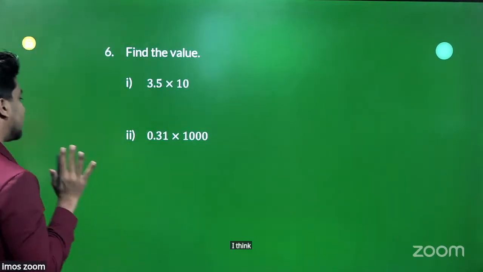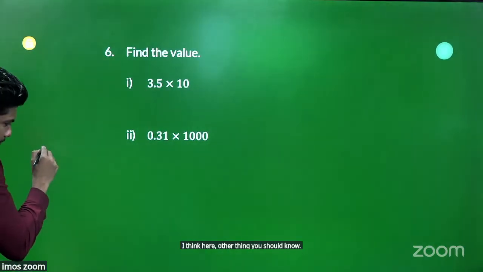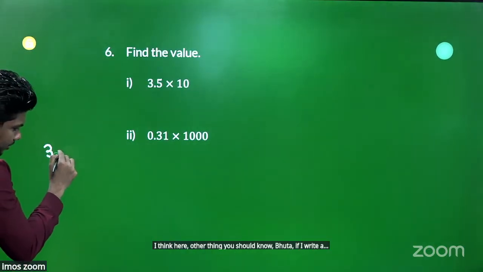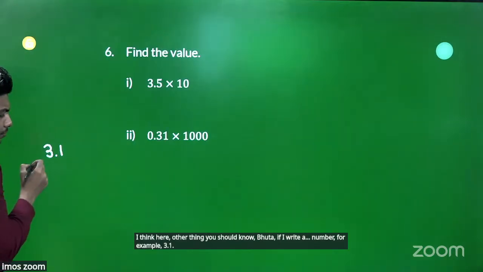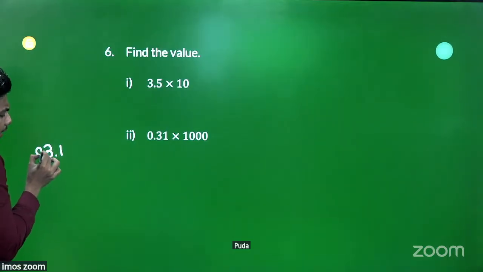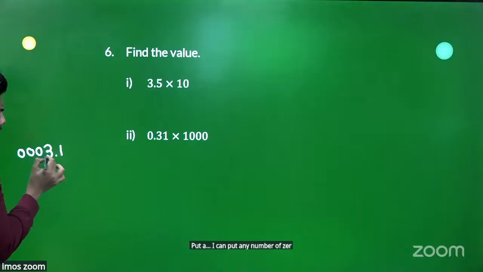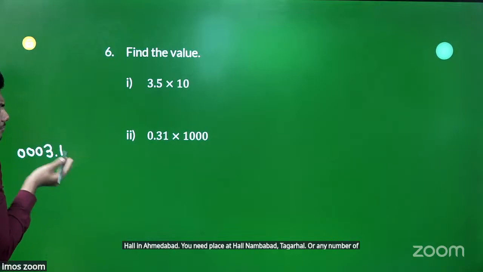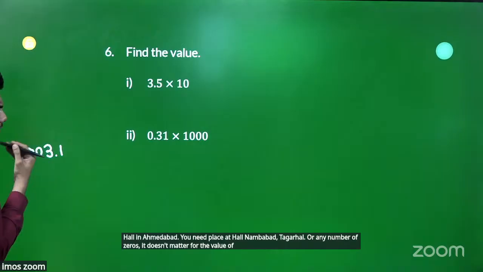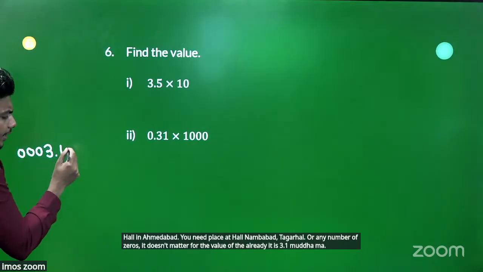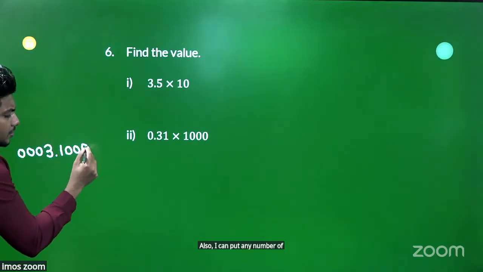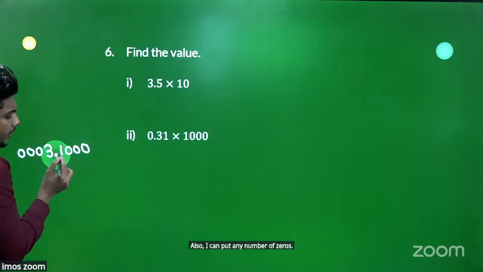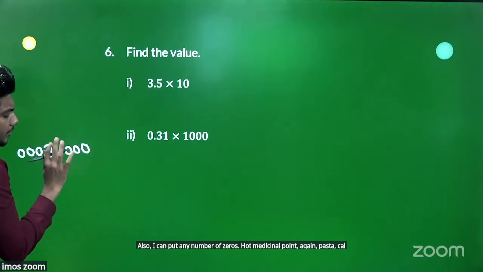Here, other thing you should know, if I write a number, for example 3.1, I can put any number of zeros in front of the whole number part, the unit place. It doesn't matter for the value. Also, I can put any number of zeros after the decimal point, it doesn't matter.